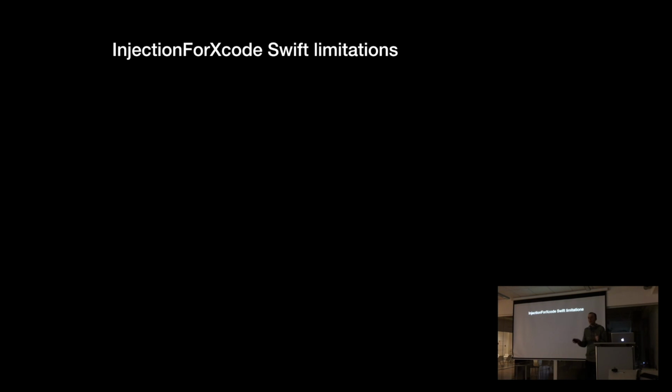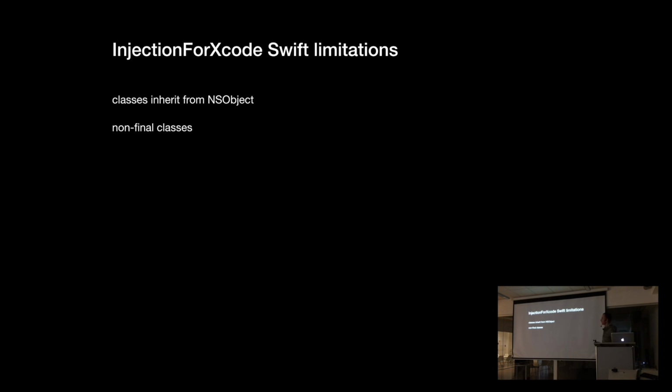So at the moment, let's try to summarize all the limitations that we've got. With Objective-C, all the classes are working fine. With Swift, first, if we want to swizzle, classes have to inherit from NSObject.